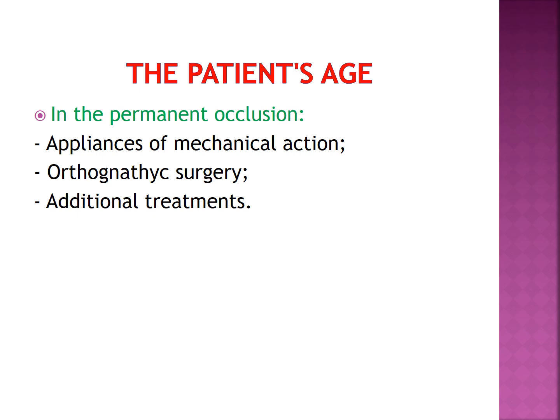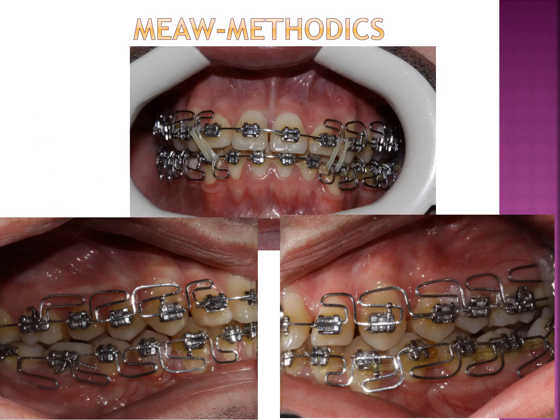What appliances of mechanical action we can use in permanent bite period to treat mesial bite? We can use Meow methodics, multi-loop, edgewise, arch wire methodics to correct mesial bite.